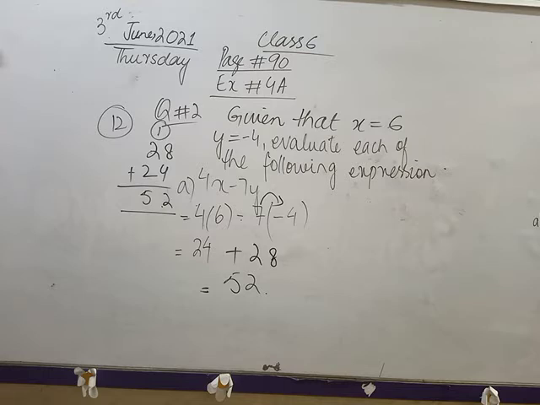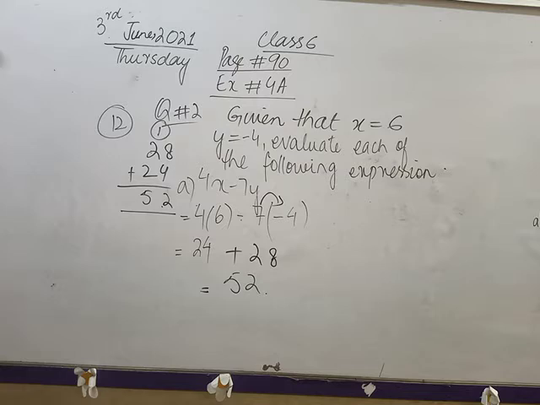So according to condition, जहाँ जहाँ मेरे पास x होगा मैं वहाँ x की वैल्यू पुट करूँगी और जहाँ जहाँ मेरे पास y होगा मैं वहाँ पे y की वैल्यू पुट करूँगी बिकॉज इट इज़ गिवन. फाइन. जब हमारे पास कोई चीज़ गिवन दी जाती है उसके अकॉर्डिंग हम वैल्यूज़ को पुट करते हैं. अब यहाँ पर x की वैल्यू 6 थी और y की वैल्यू -4 थी. सो हम x की जगह 6 पुट करेंगे.